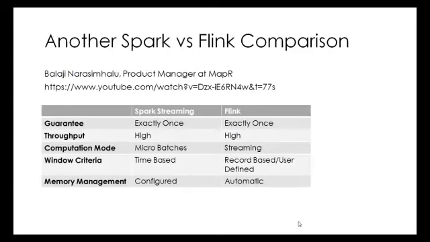And here's another comparison I found online, and I've looked at quite a few of these, and they all seem to have the same sort of theme. And the theme is that they're both great products. They both do a great job. The fellow here is a product manager at MapR, and I'll give you a link there to his talk.